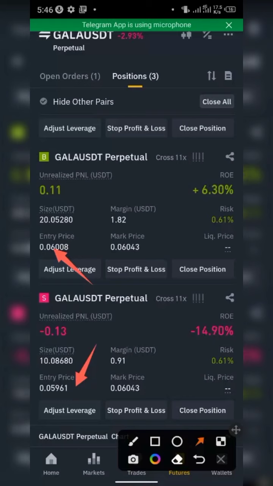So the same way, another one is, let's say you are going into a loss, just like this, the short is going into a loss, and now you want to hedge it and recover, but you know that it will go up more.